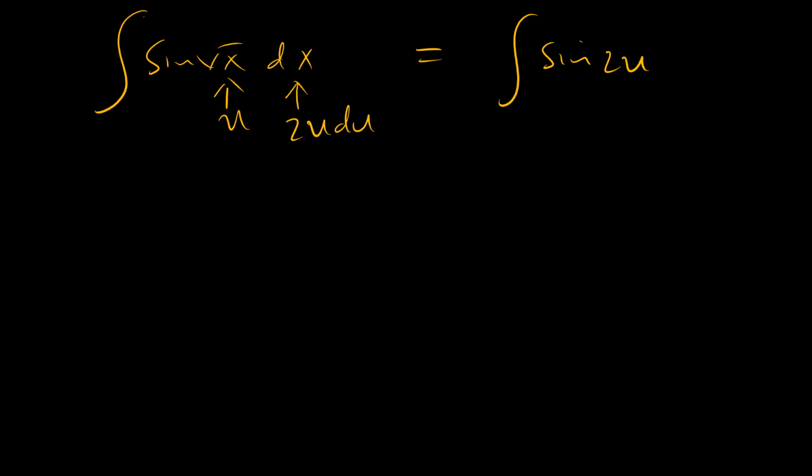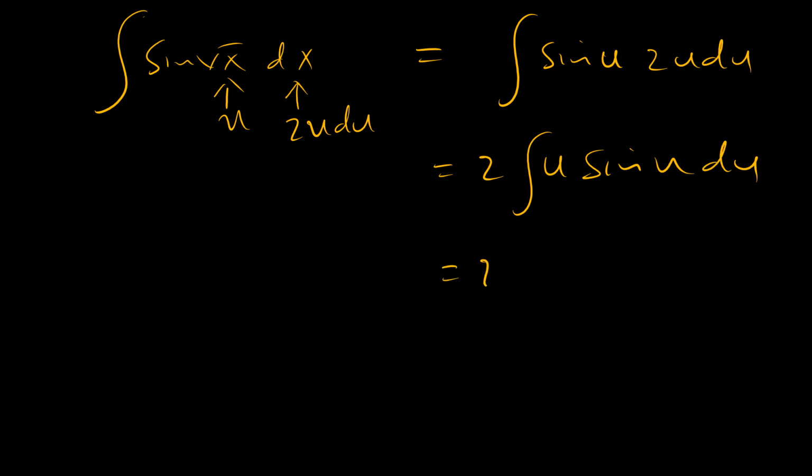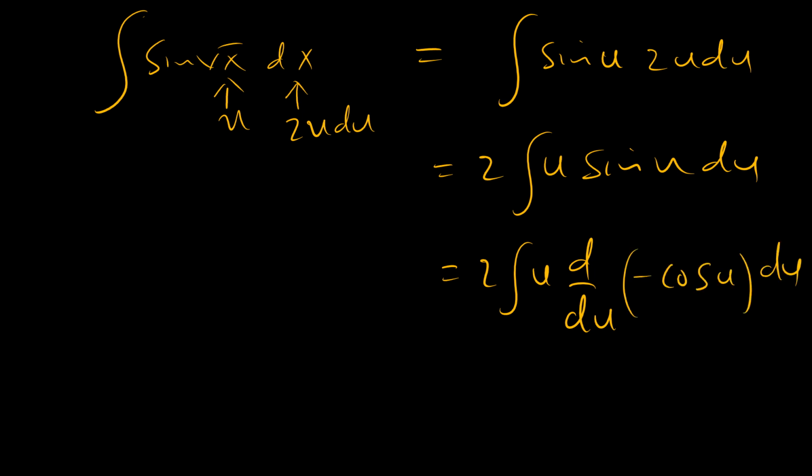sorry, I went too quick there, but sine of u and 2u du. Okay, so if I pull the 2 out, we have 2 times the integral of u sine u du, and sine u is the derivative of negative cosine u, right?